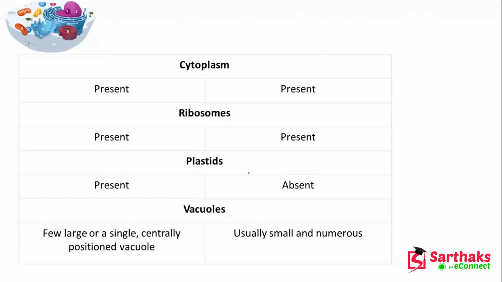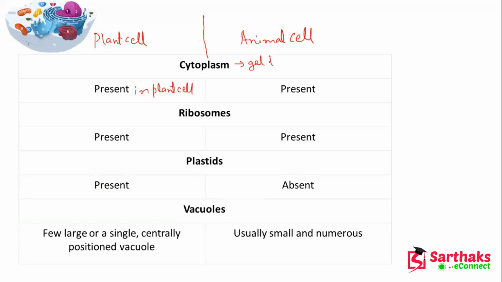Next, see cytoplasm. This column is for plant cell and this column is for animal cell. The cytoplasm is present in the plant cell, and this cytoplasm is a gel-type fluid consisting of biomolecules.